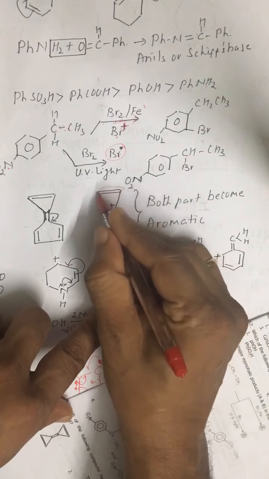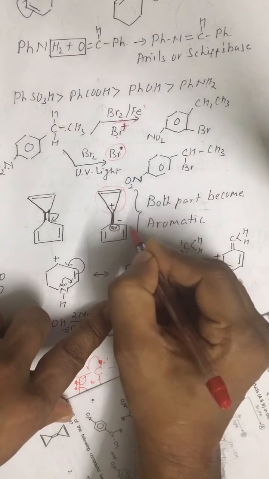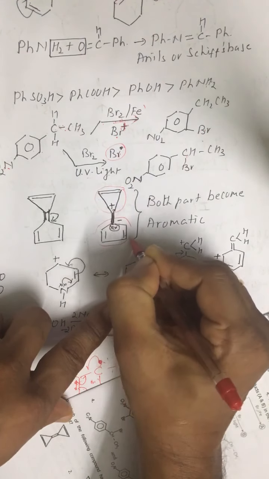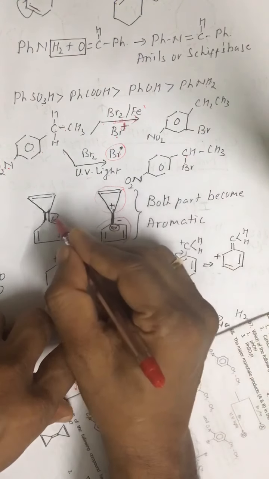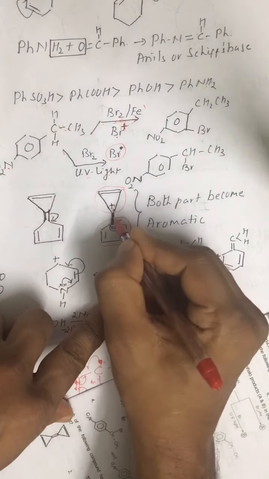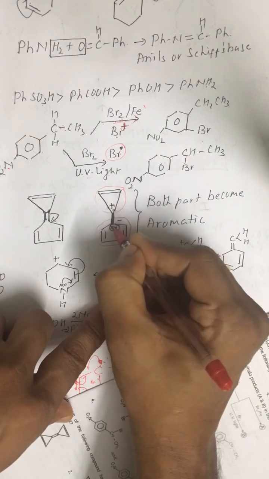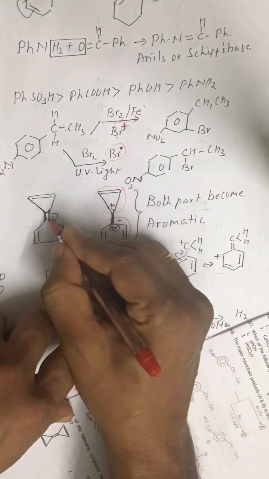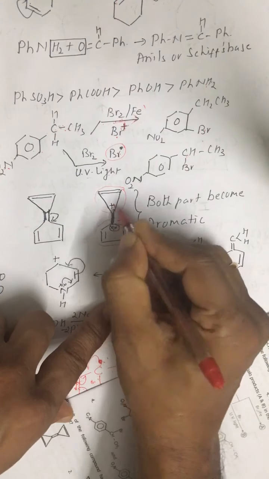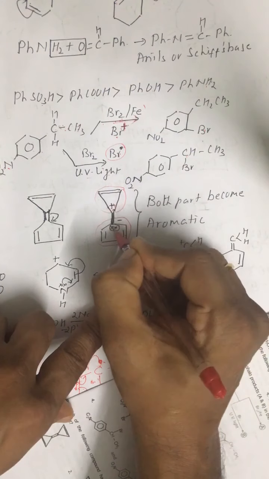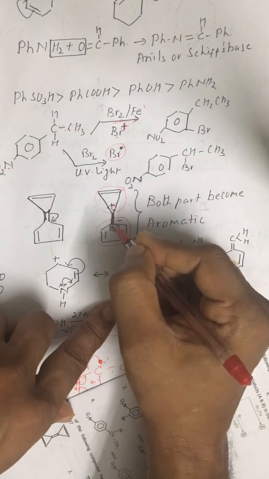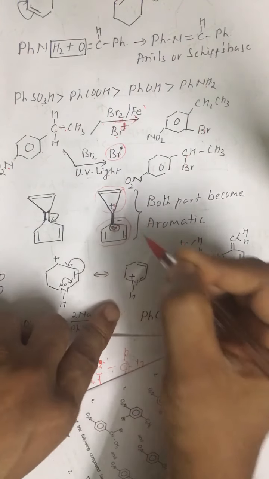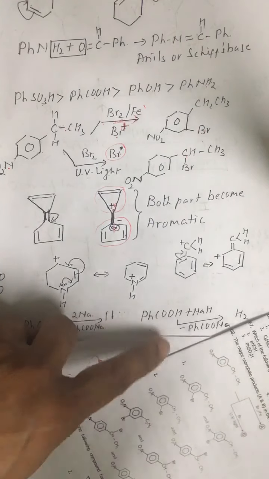If you look at these two parts individually, you will find that both are aromatic. That means this double bond will always lie like this, so we will have a negative charge and a positive charge in this ring and in this ring. That means it becomes highly polar. Due to these charges, it becomes highly polar. All right. Thank you.